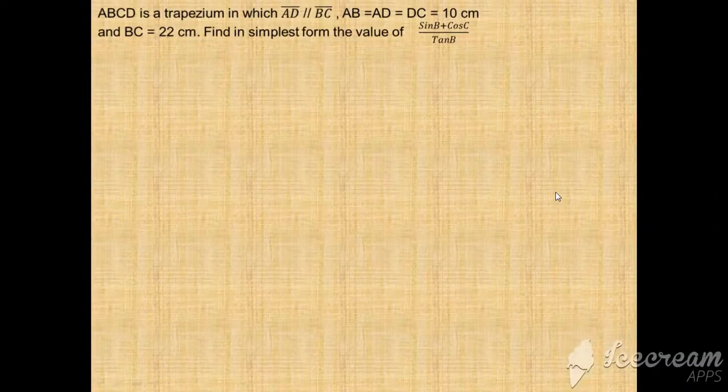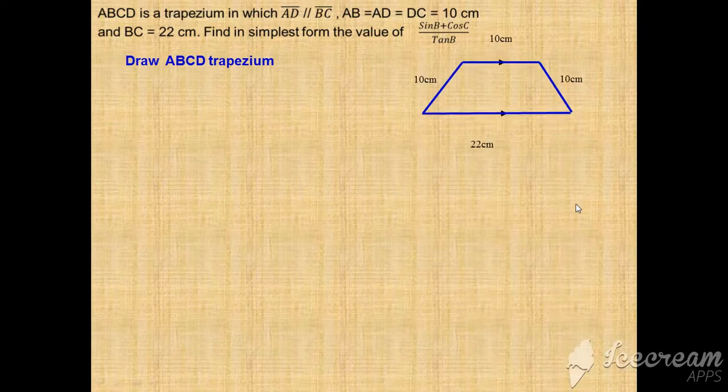ABCD is a trapezium in which AD is parallel to BC and AB equals AD equals DC equals 10 centimeters. First, draw the trapezium. I have two parallel sides and the other two sides are not parallel. Here I have AD parallel to BC, so the two sides should be labeled AD and BC.